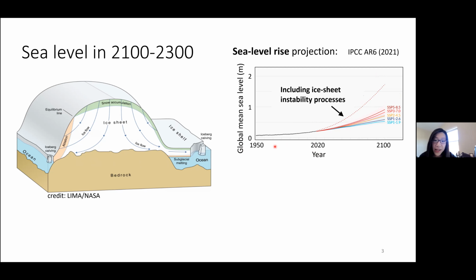If we consider these deeply uncertain instability processes, such as the marine ice sheet instability, current simulations predict another extra meter of sea level rise, shown by this dashed curve. A common goal of ice sheet modelers around the globe is to understand these deeply uncertain processes which can impact the future mass loss of ice sheets.